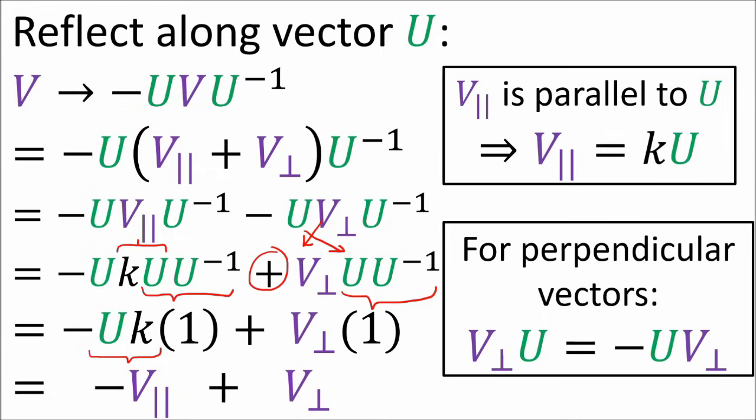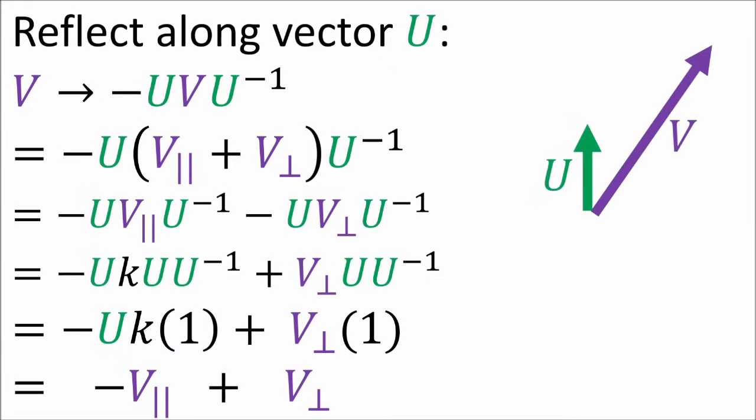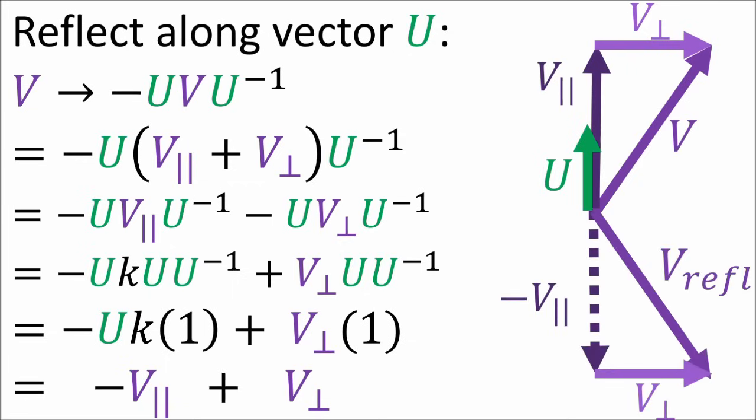The result is v, where the portion parallel to u is reflected with a minus sign, and the perpendicular part is unchanged, as expected. So this negative conjugation formula breaks a vector v up into parts parallel to u and perpendicular to u, and it only reflects the part parallel to u.